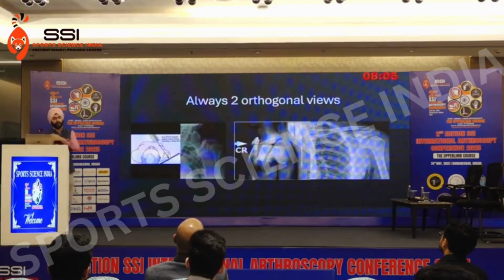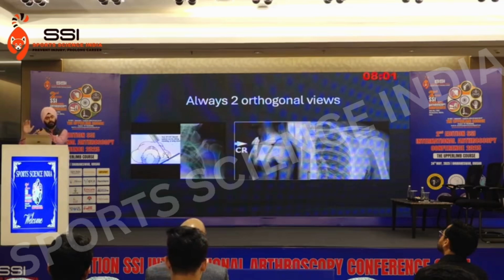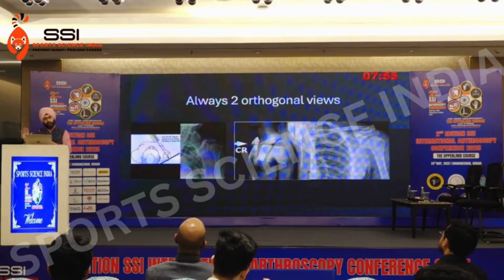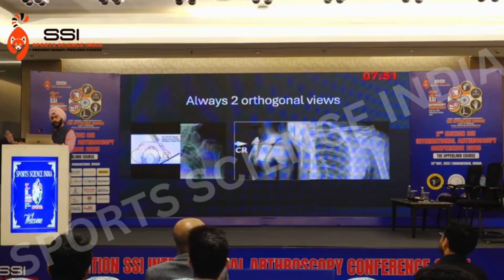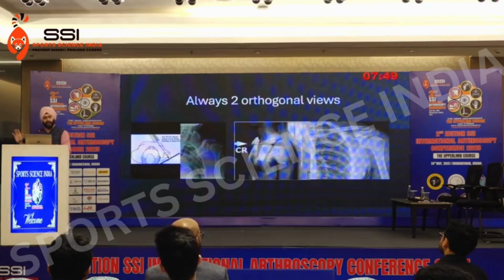My scapula is about 30 degrees to the normal perpendicular plane. To get a true AP view, you have to make it oblique so that it is parallel to your X-ray sheet and perpendicular to the X-ray beam.